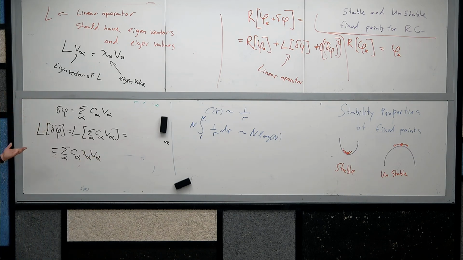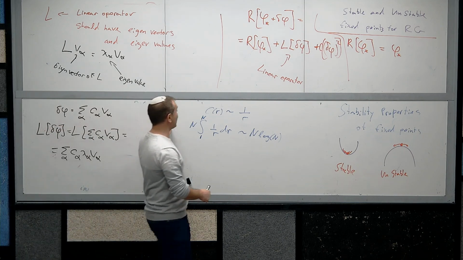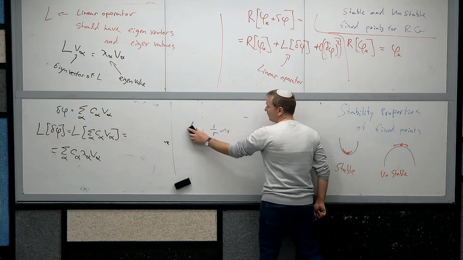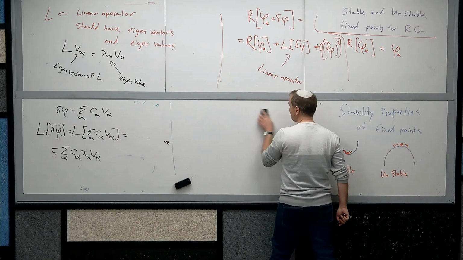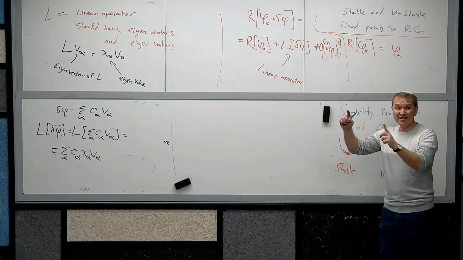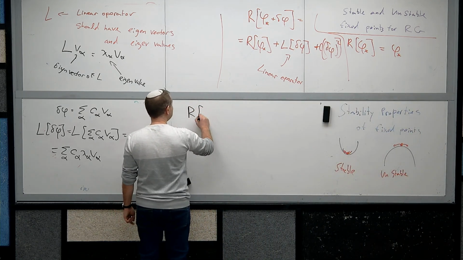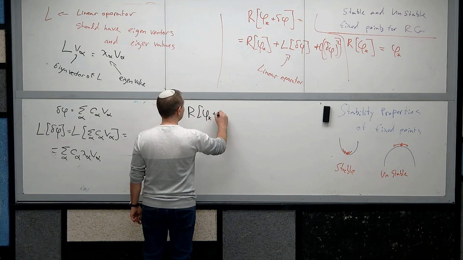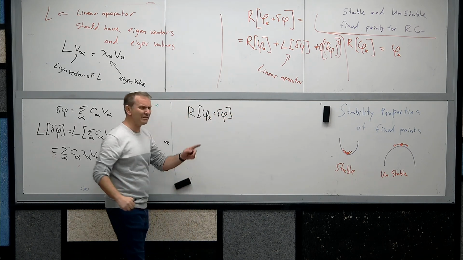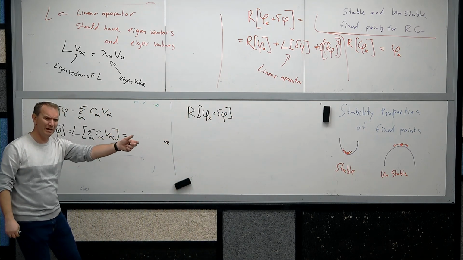Great. So now I can write a single RG step, where I'm near the fixed point, in the following sense. R applied on phi star plus some delta phi. So I haven't converged to the fixed point, but I'm nearby.